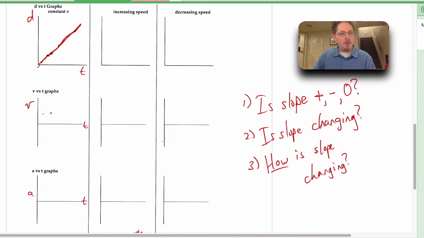So if I were to go through and just plot those points where I'm taking the slopes, it's the same number all the way through. So that means my velocity is the same all the way through. And this is because, one, the slope of a displacement graph is velocity.